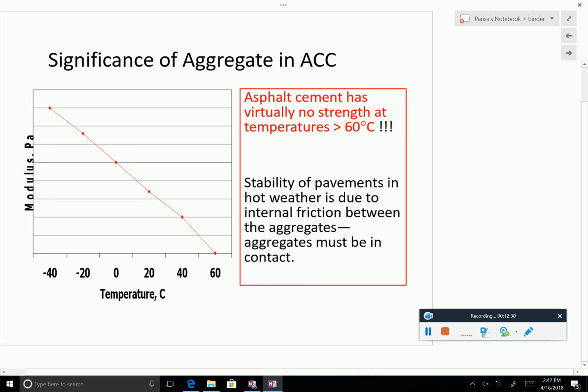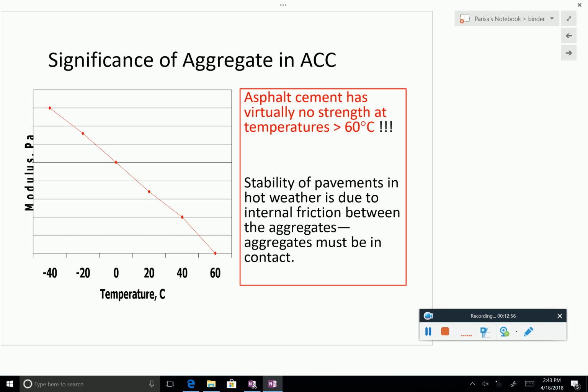So the point here is that asphalt by itself doesn't have any strength. It's really just the glue. And remember that asphalt binder is a viscoelastic material, and the properties are highly temperature dependent. It loses modulus. It becomes soft, just like caramel, when the temperatures go up.